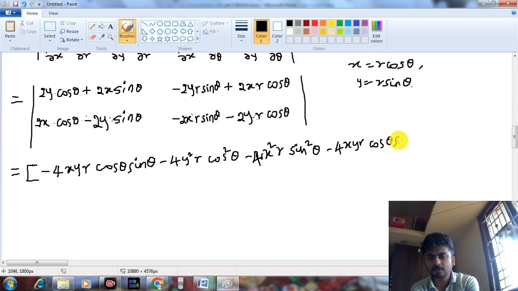Now the multiplication of the trace, that is the main diagonal elements, is over. Now we have to multiply this into this. There we will have one minus in the formula itself.